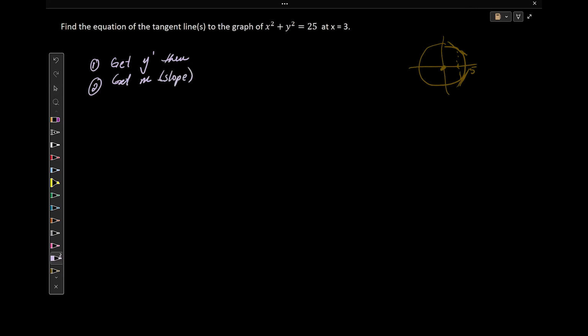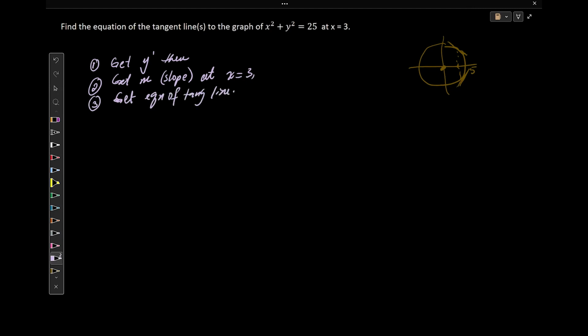The slope at the point x equals 3, or at the value x equals 3, and then some y value, which we'll evaluate in just a minute. Okay. And then three, we'll get the equation of the tangent line.